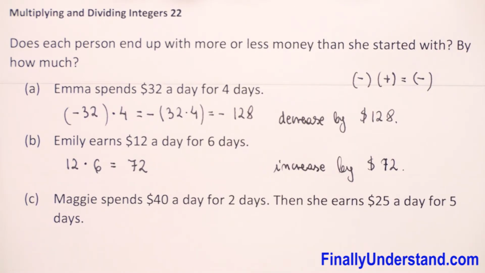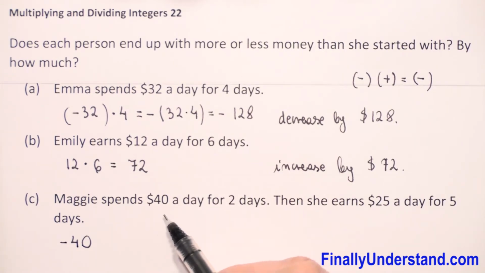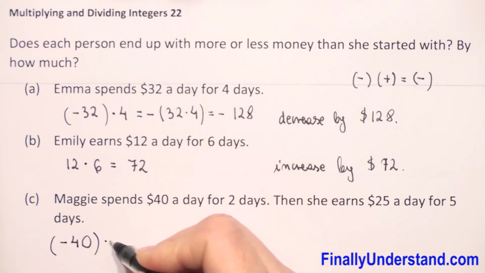And the last question, Maggie spends $40 a day for 2 days. Then she earns $25 a day for 5 days. So we will first write our equation. She spends $40, because she spends, we write a negative sign before the number 40, and she spends $40 a day for 2 days, so we multiply negative 40 by 2.